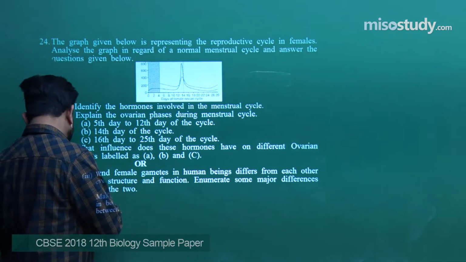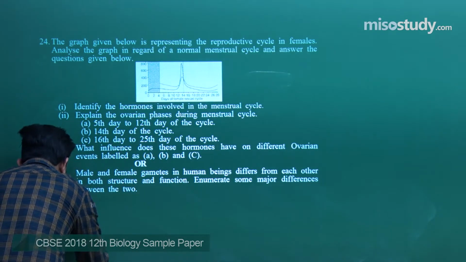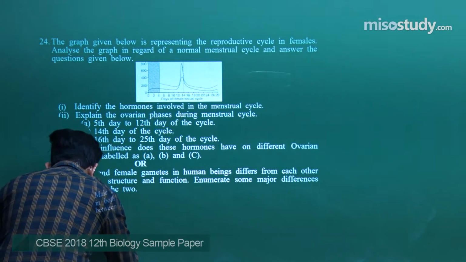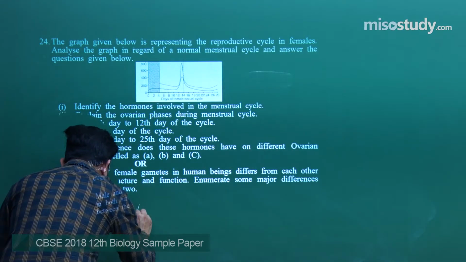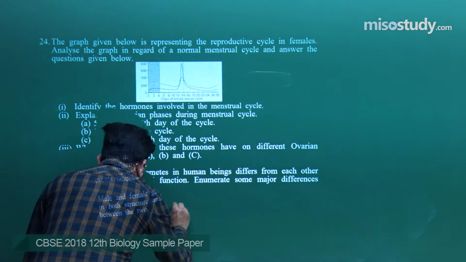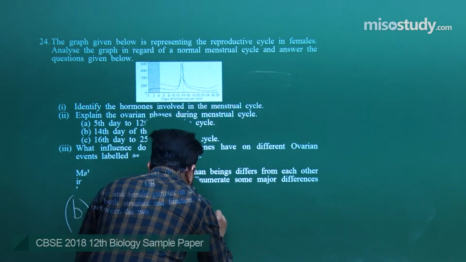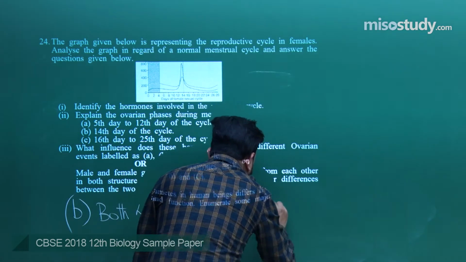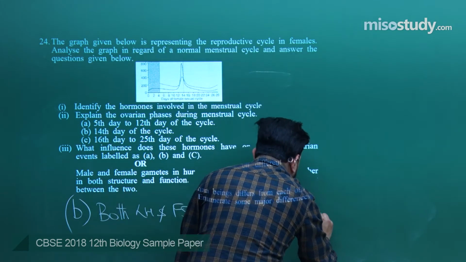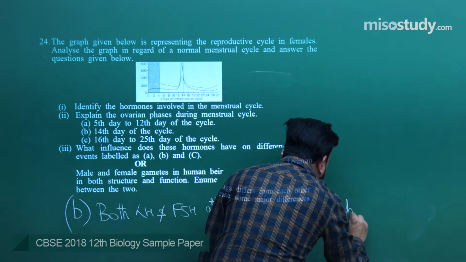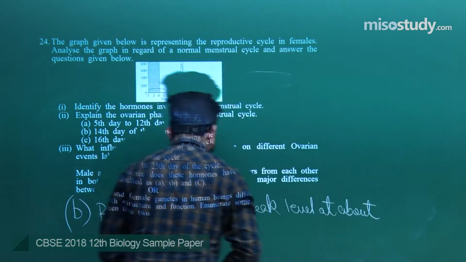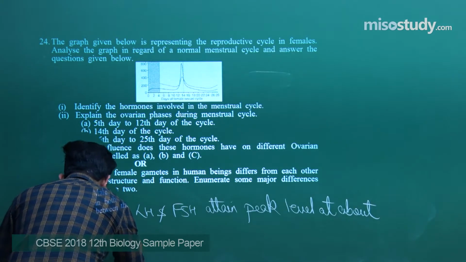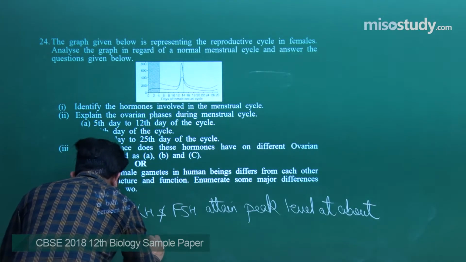So I'll write this down again as point B, that both LH and FSH attain peak level at about the 14th day.